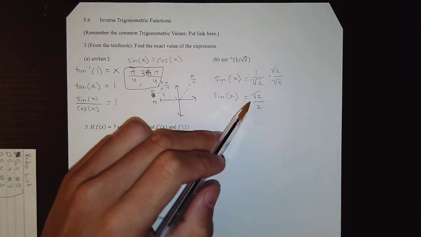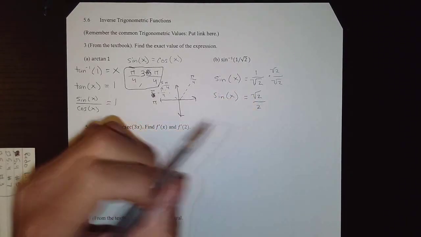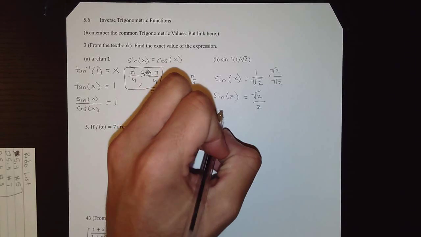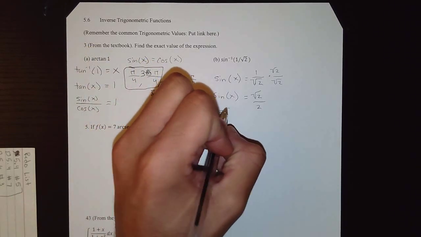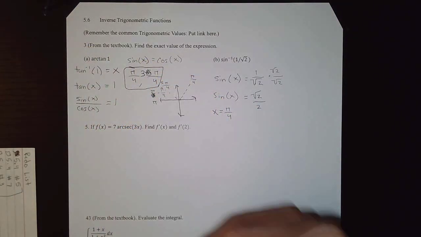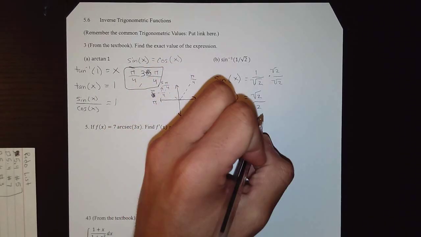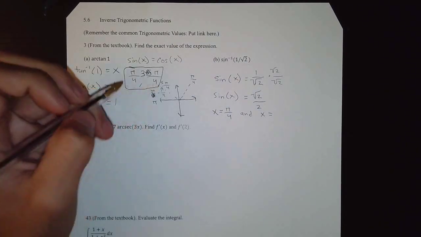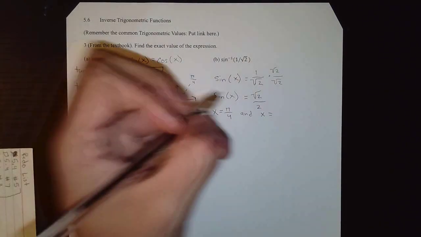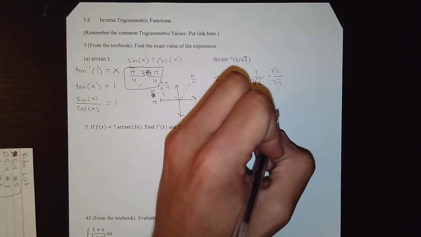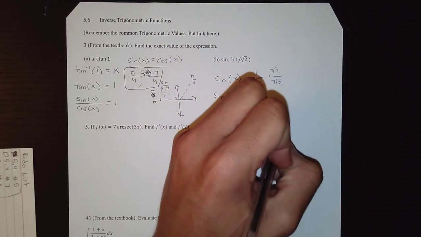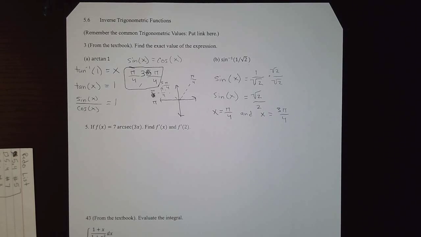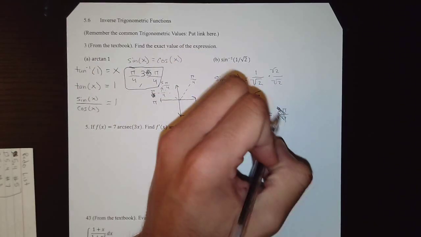But sine is equal to the square root of 2 divided by 2 when x equals pi over 4 and x also equals three pi over 4. Well, this one would be 5 pi over 4.